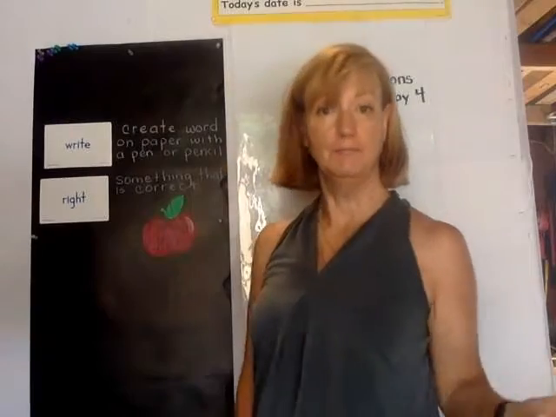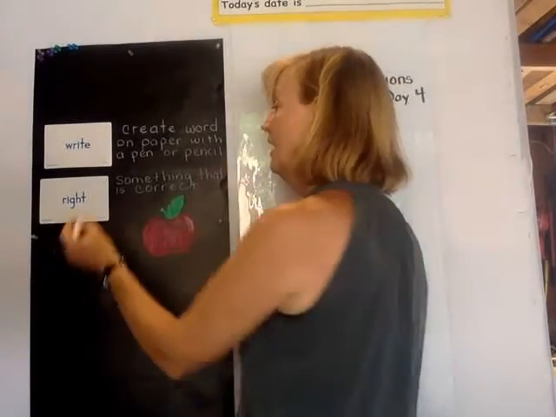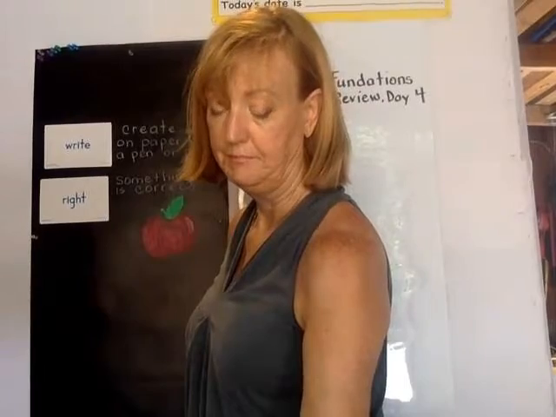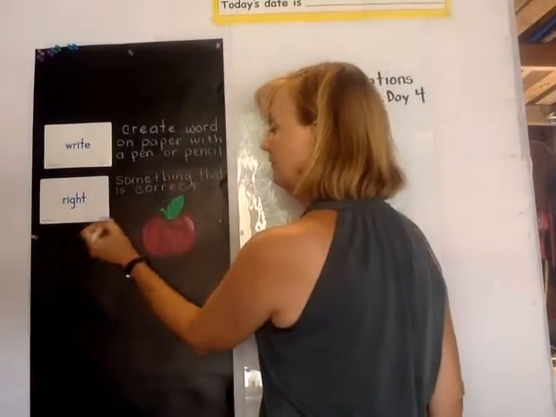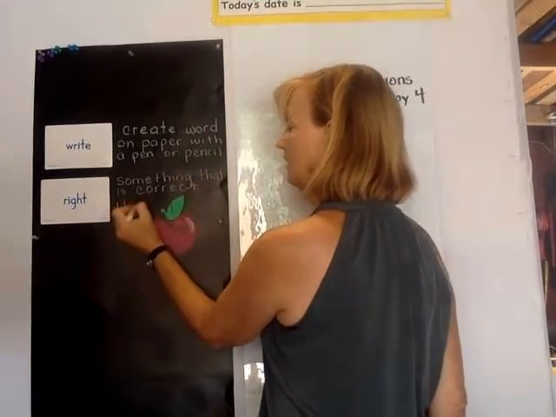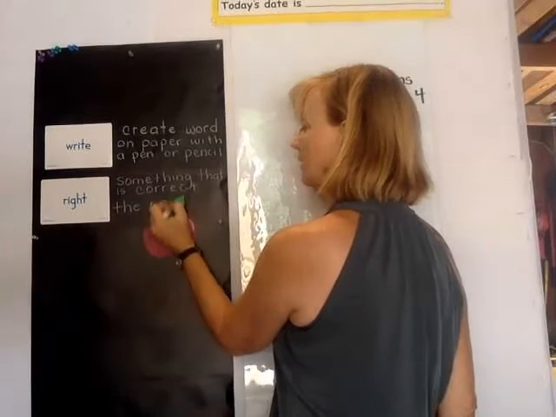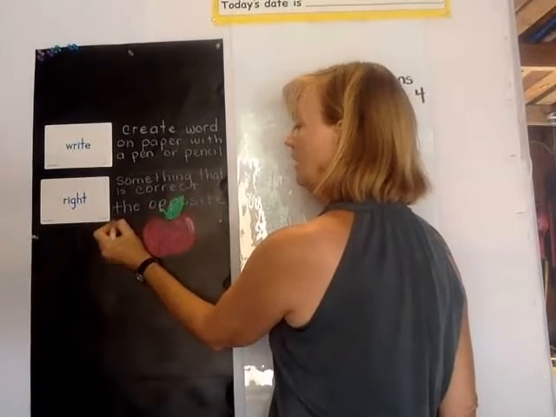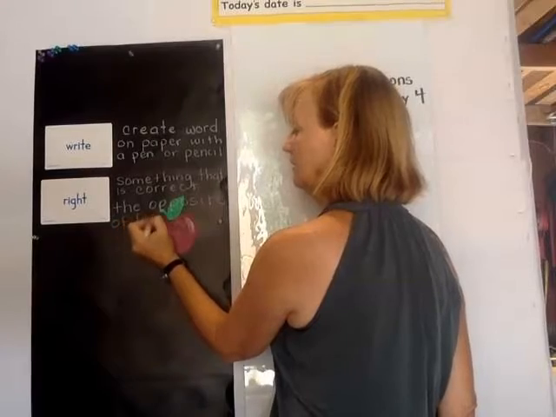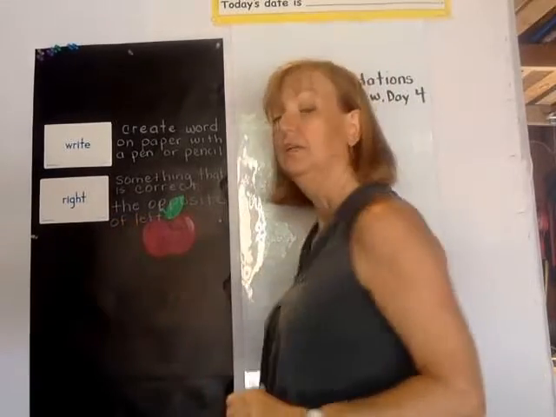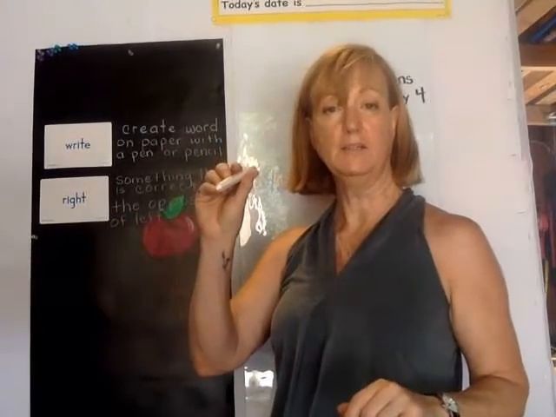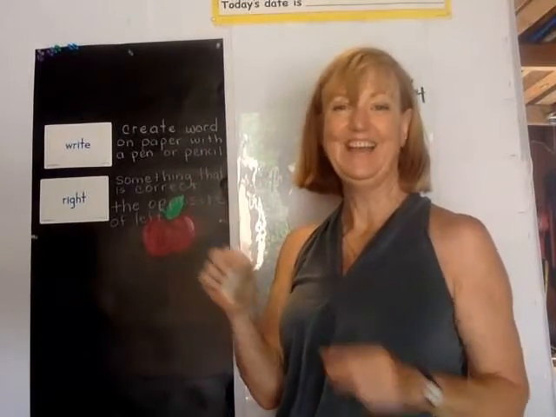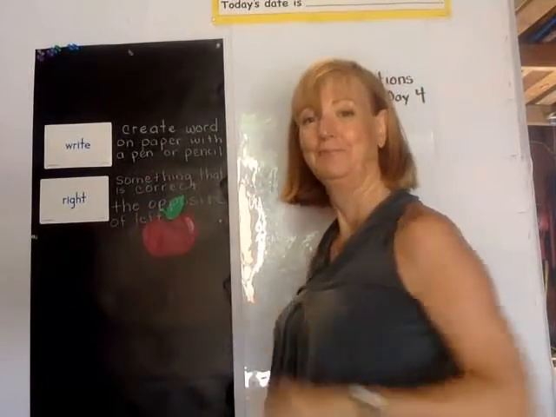And if you didn't, that's okay. We'll just keep learning. Right also means the opposite of left. Many of you write with your right hand. But if you watch carefully, I don't write with my right hand. I write with my left hand.